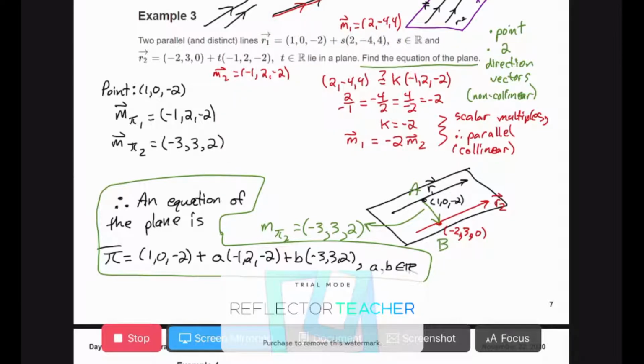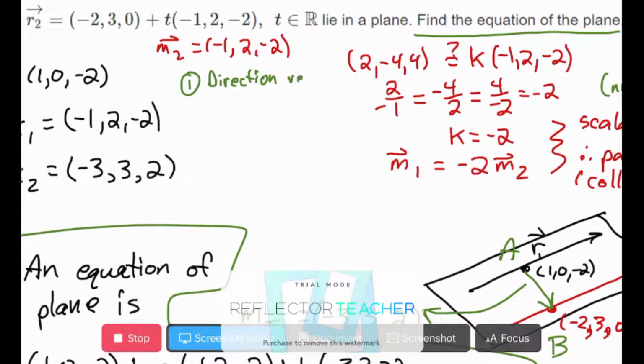What did we actually do here? Well, step 1, we checked if our direction vectors are collinear. They were, and we already knew they were because it told us that the lines were parallel. So we did our test anyway to make sure.